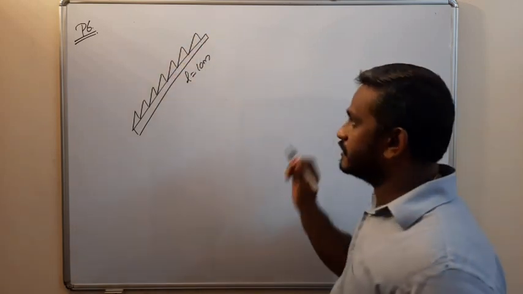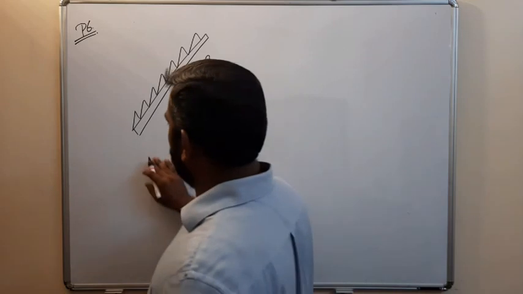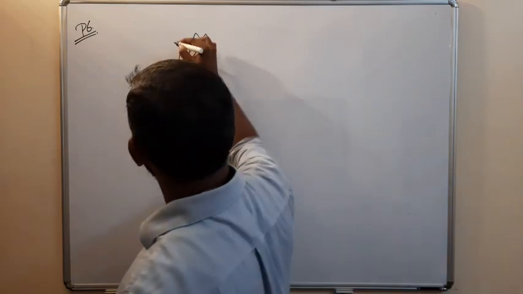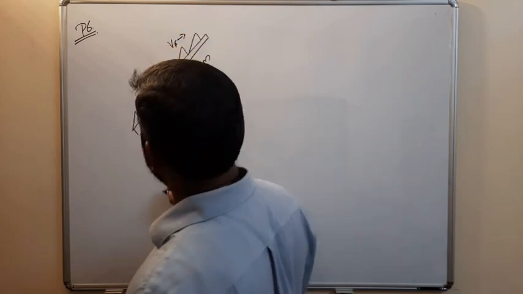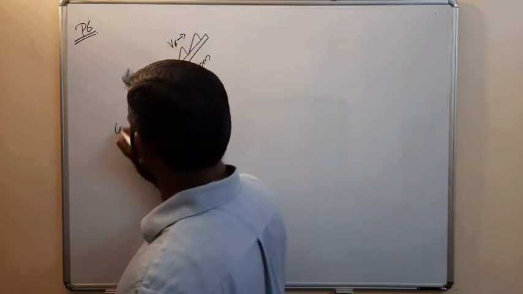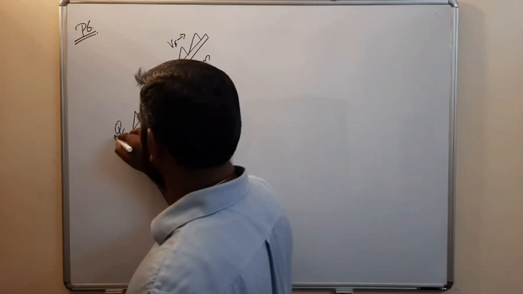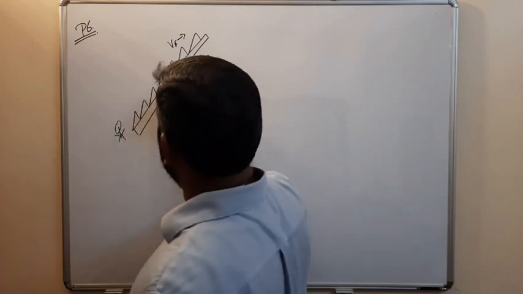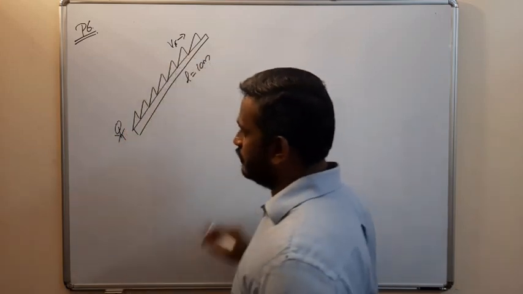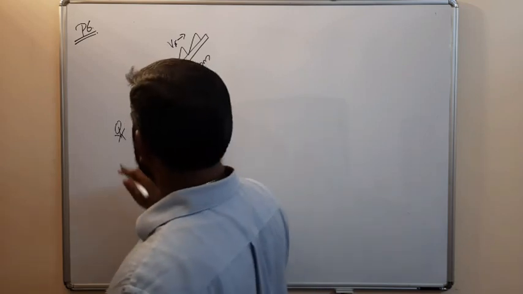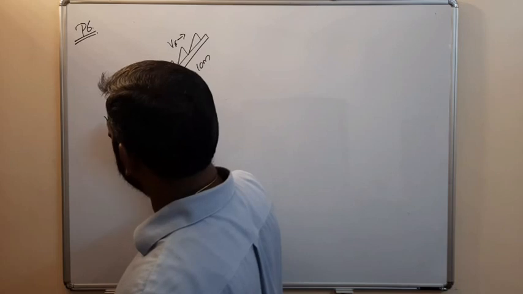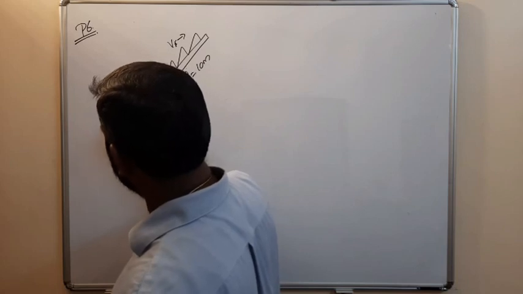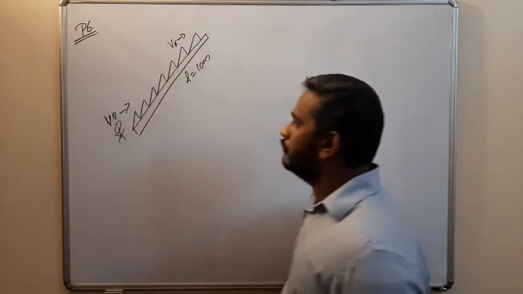The escalator is moving with the velocity V. There is one boy who is going through this escalator. Suppose VB is the velocity of the boy.